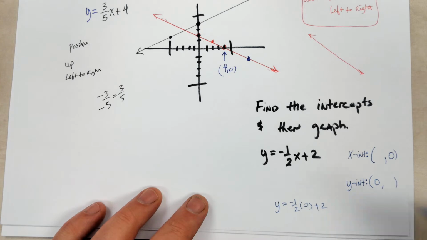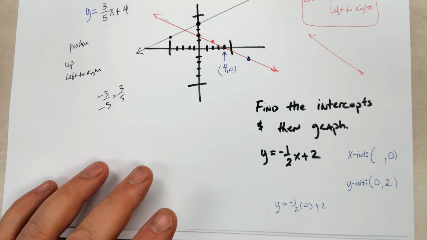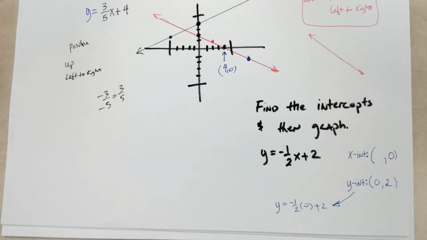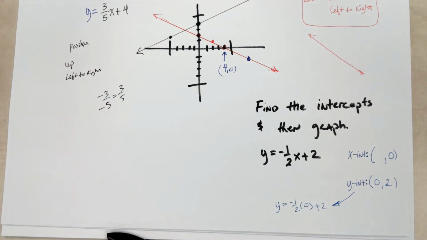So that's 2. That's how I found the y-intercept. The y-intercept is 2, because we already had it in the equation. But if it was written differently, this is the step you'd use. You put 0 for the x, and then you solve for y.